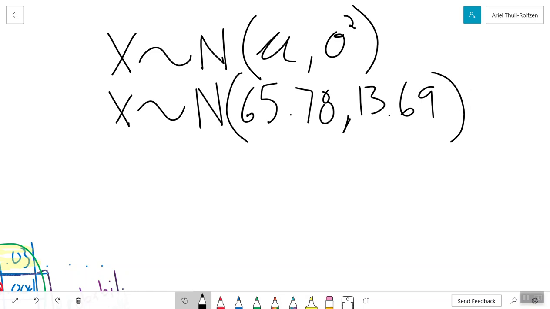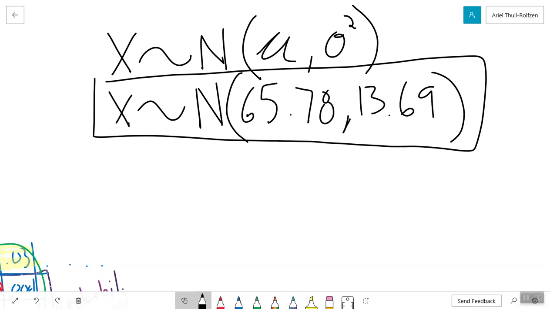I know that on the exam, Professor Onia might just give you this information and say, okay, here are several scenarios, find the probability for each scenario. And what you're going to need to discern from this is that this 65.78, that's the mean, and that 13.69, that's the variance, sigma squared. This is something that you need to know. The equation for this is not going to be on the exam because it's that important that you need to remember it.